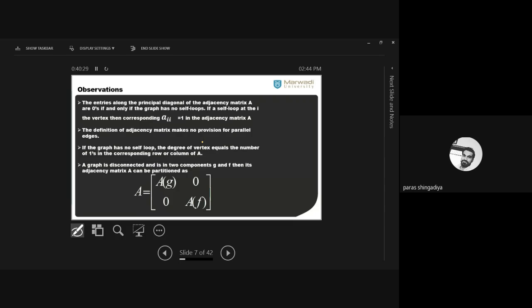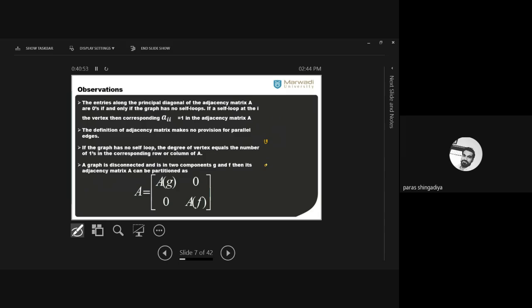Now the last one, the disconnected shape. We have two partitions of the graph, disconnected parts. So with the two components G and F, the adjacency matrix can be represented as a partitioned matrix. Clear? We have two disconnected graphs. Let's check why you get this form.